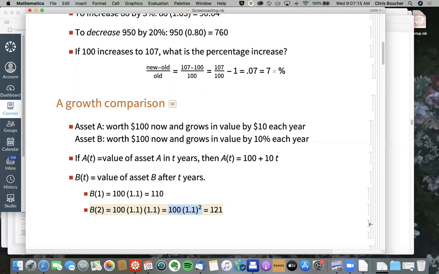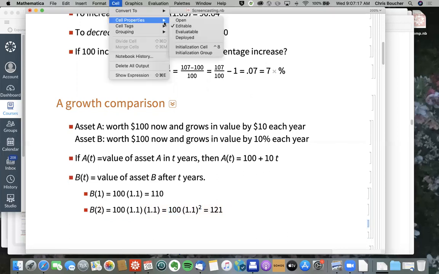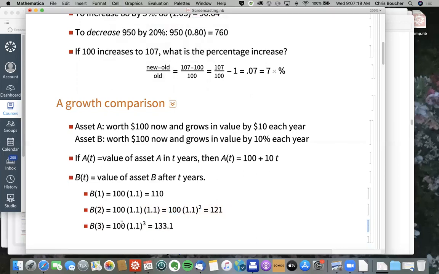Okay, what about b of 3, the value after 3 years? Same idea. I want to take what I have after 2 years, which would be this right here, and grow it by 10%, which means I multiply it by 1.1. And when you multiply by another 1.1, that 1.1 squared becomes 1.1 cubed. And if you do that on a calculator, you get 133.1.